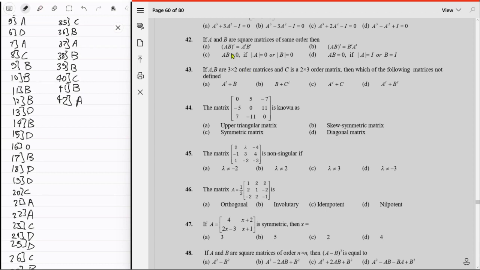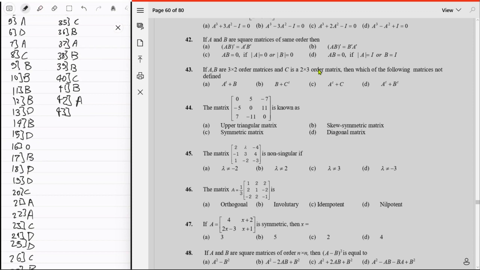Next question, 43. It really depends on what this dash actually represents. I think it's the transpose. A and B are 3 into 2 matrices and C is a 2 into 3 order matrix. Which of the following matrices are not defined?